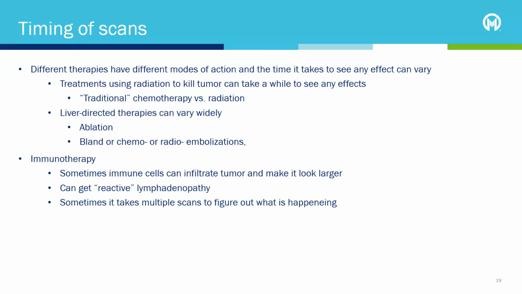But one thing I will point out is that when you use radiation to kill a tumor, whether that's external beam radiation, where you lay on a table and the beams are introduced externally, kind of like a CT scanner but with much higher doses, or if it's an interventional radiologist putting a catheter into an artery to put radioactive beads into the liver, it can take a very long time to see.